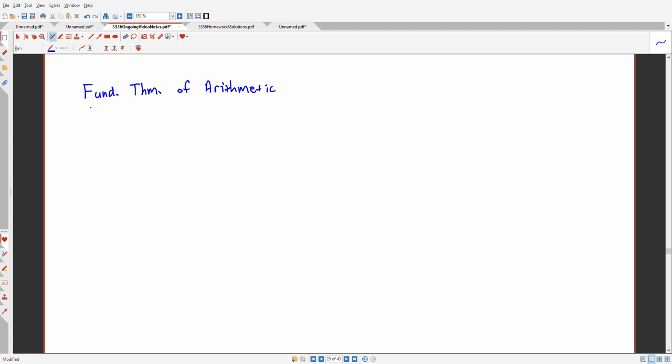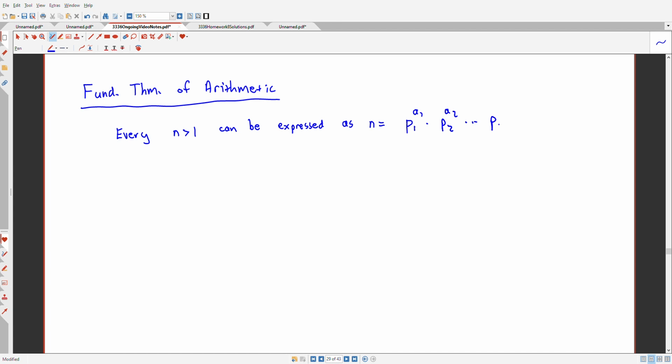And what it says is that every natural number bigger than 1 can be expressed in the following form: n equals some number of primes, so I'll say a1 prime 1s times some number of prime 2s, and up to some other number. We'll stop it at r.